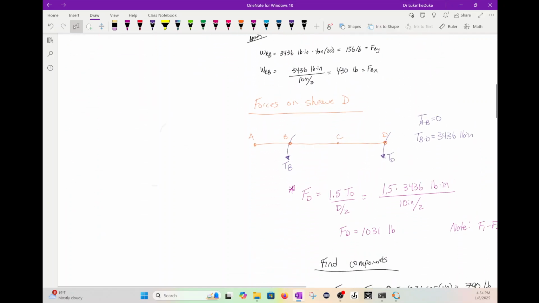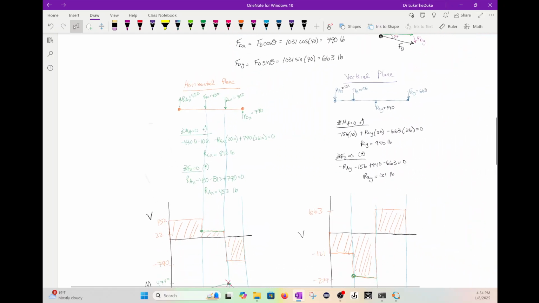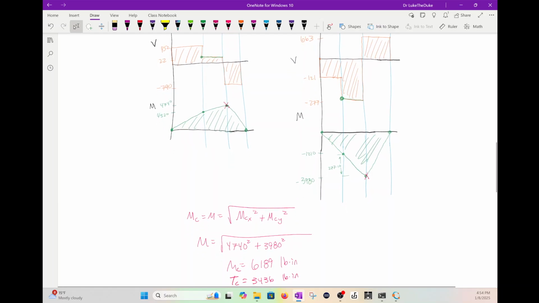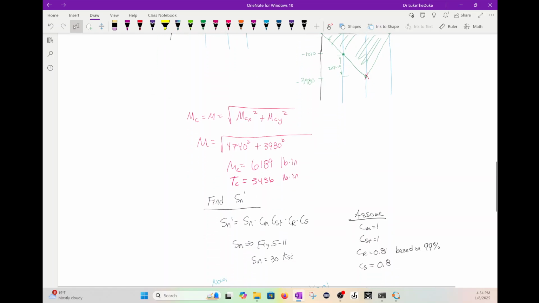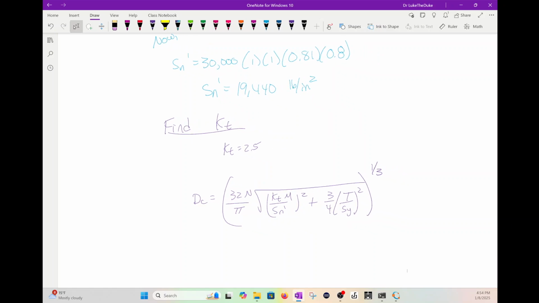Okay, that's what we did here. Reaction forces. Then we found our shear and moment diagram and our torque. The moment diagram is used to find your max moment. Use that moment in your equation down here. Find the torque at that location. And then now you've figured out what that diameter is at that particular spot.